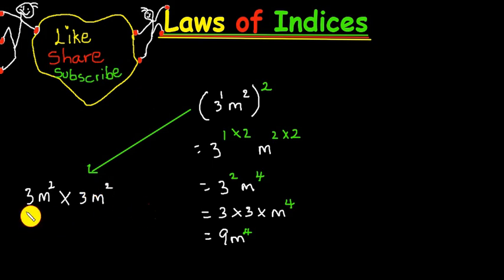Simple. Again, we multiply coefficient by coefficient. 3 multiplied by 3 will give me 9. This base and this base are the same, so I keep my base and I add the powers. 2 plus 2. So we have 9m to the 4th power.